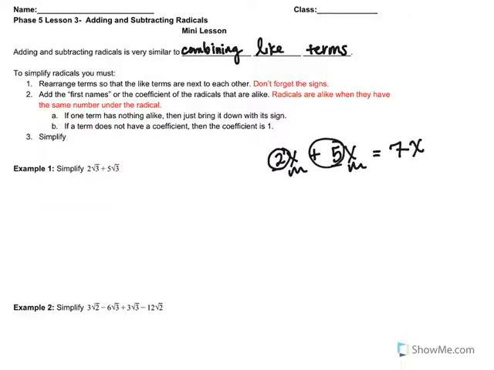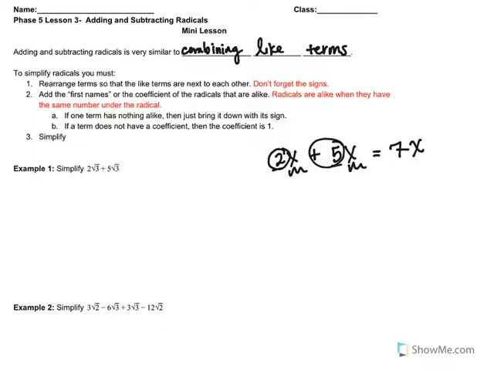Well, when we're simplifying radicals, it's the same concept, except that the last names now are what's under the radical. So for example, in example number 1, the last name for this term is square root of 3, and the last name for this term is square root of 3 as well. The first name here is 2, and the first name here is positive 5.